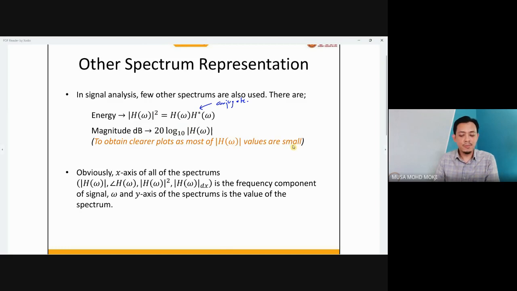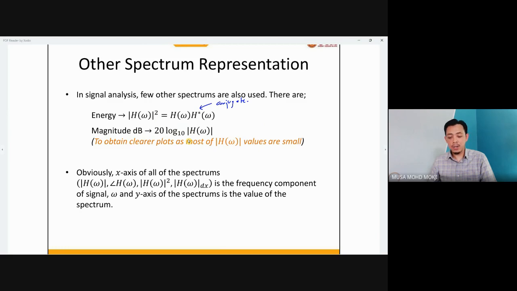Okay. So dB is actually where we set the value into a new range so that we can see all values. That's what dB means. Even when we measure sound pressure, the unit is in dB.